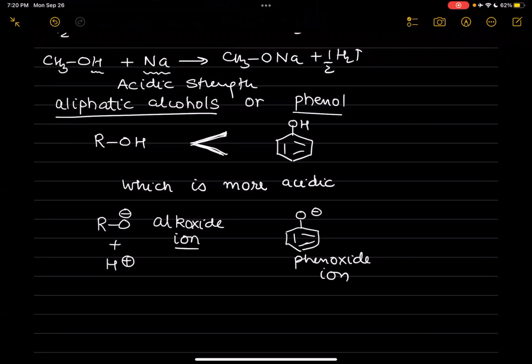Actually, in this phenoxide ion, the negative charge is adjacent to the benzene ring, so it gets involved in resonance with the benzene ring. So who can tell me what resonance is?